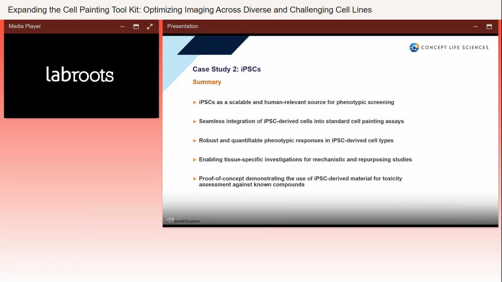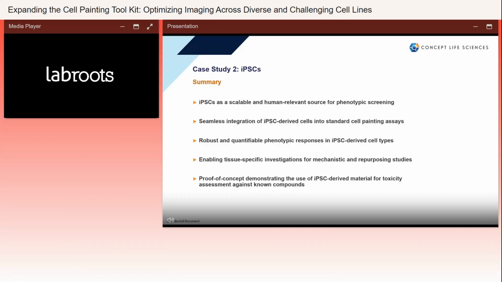To summarise, iPSCs offer a renewable and scalable source of human-derived material. This is particularly valuable in phenotypic screening, where consistency and biological relevance are critical. These cells can be cultured and stained using established protocols, allowing researchers to use morphological profiling without needing to redesign their workflows. In these studies, iPSC-derived hepatocytes have shown clear dose-dependent morphological changes in response to compound treatment.